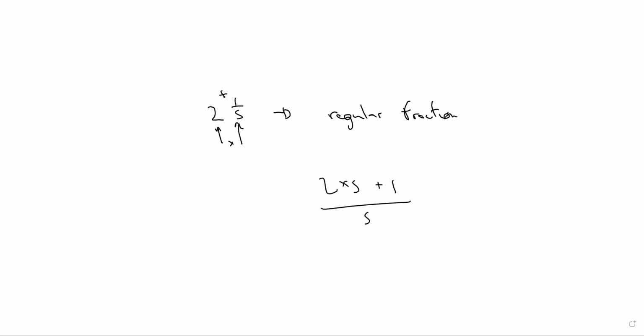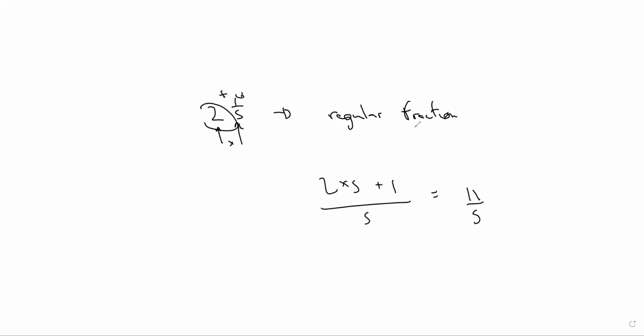It'll just stay as 5. So 2 times 5 is 10, plus 1 is 11. So you get 11/5 for that one, which seems reasonable. There's a 5 in there, there's another 5 in there, there's 1 left over. So it actually makes sense that as a mixed number, it's 2 and 1/5.